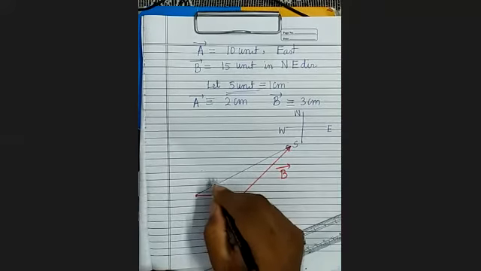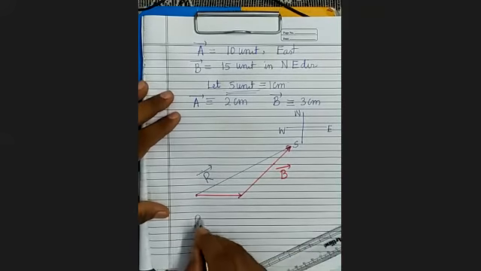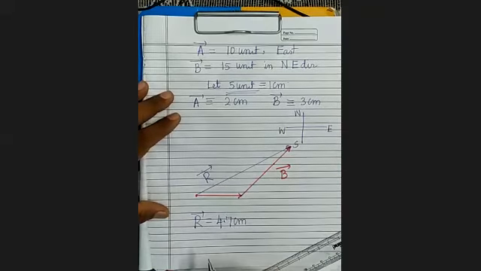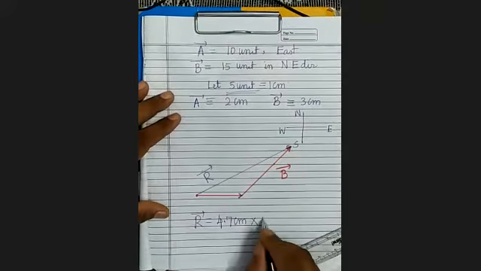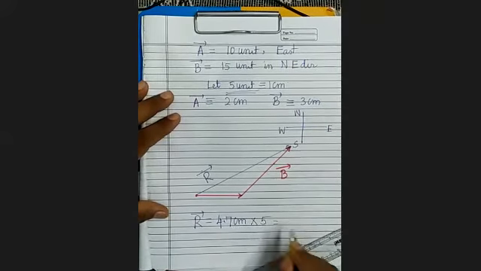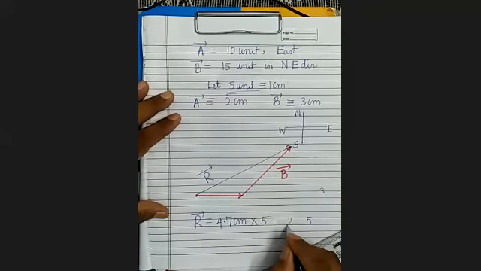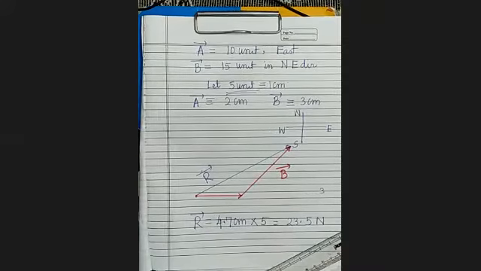It is coming out vector R. You can see here 4.7 centimeter. When you convert according to this scale, it will be this many Newton. Now what will be the direction?